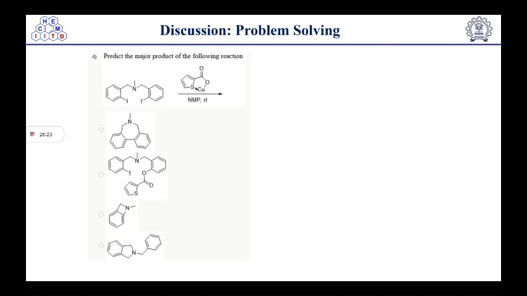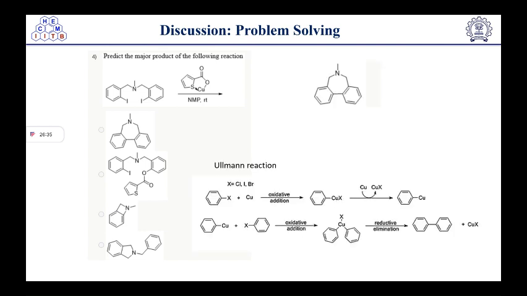The next question is: predict the major product of the following reaction. Here we have a copper reagent, all of you can see it, right? This is the Ullmann reaction type. Here we have two iodides, and in Ullmann coupling reactions this will get cyclized.